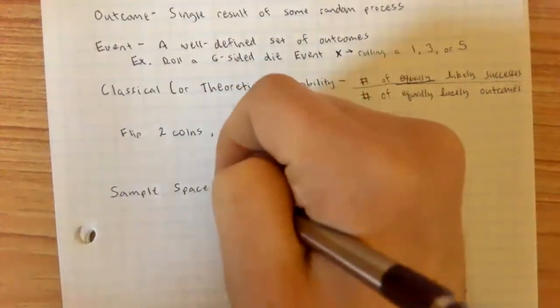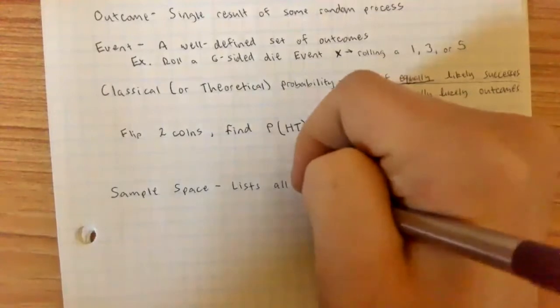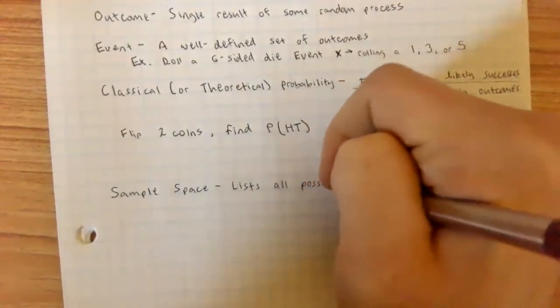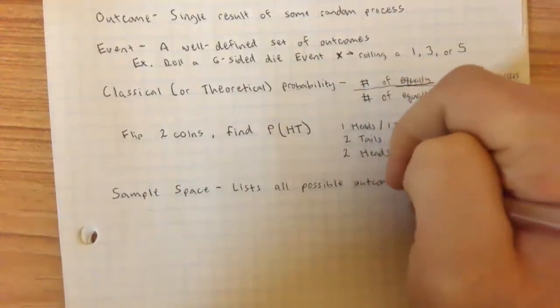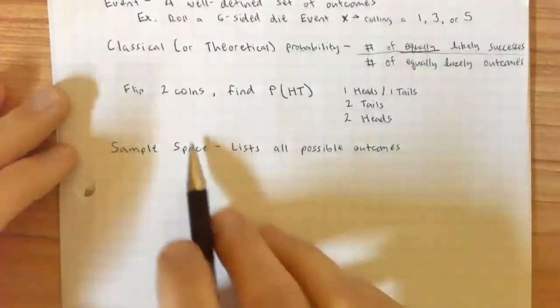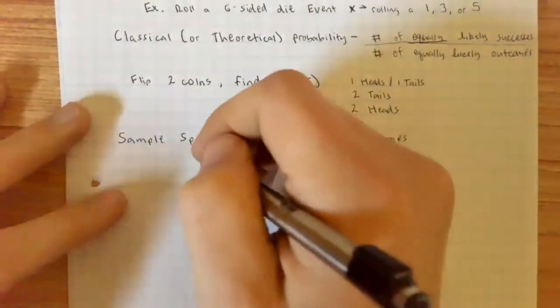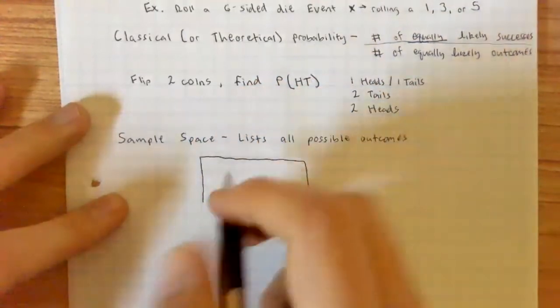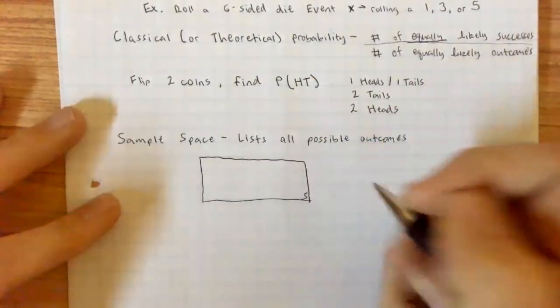Very powerful, cool concept. The sample space lists all possible outcomes. So if I flip two coins, let's create the sample space. We'll draw a little rectangle here to represent all possible outcomes, and put an S down there for sample space.